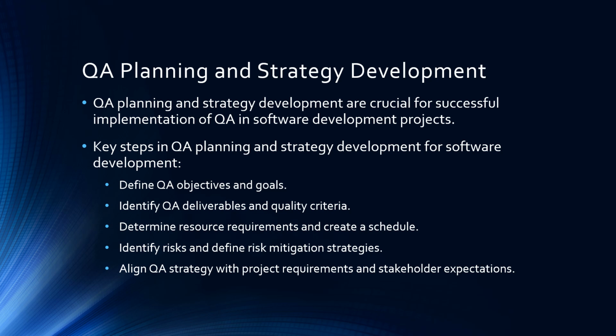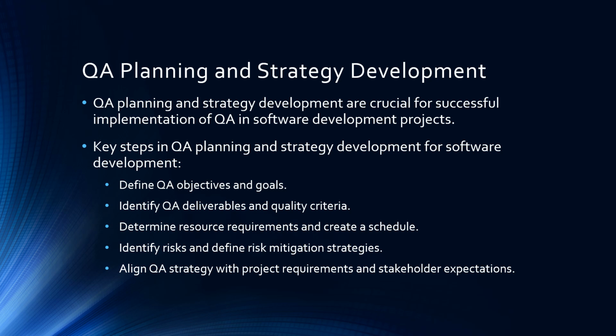The identification of QA deliverables and quality criteria requires careful consideration of various stakeholders' needs. Companies like Google demonstrate this through their comprehensive quality criteria that cover not just functionality, but also performance, security, and user experience. Resource requirements and scheduling must account for the automated nature of modern QA processes.